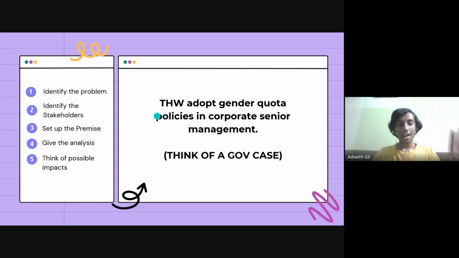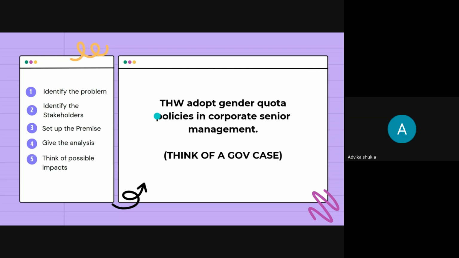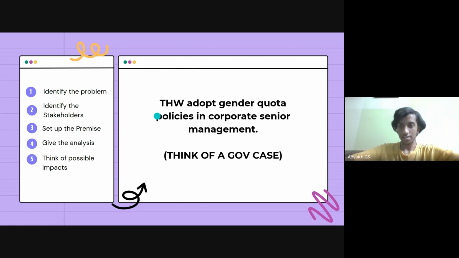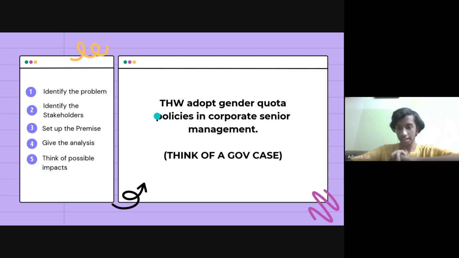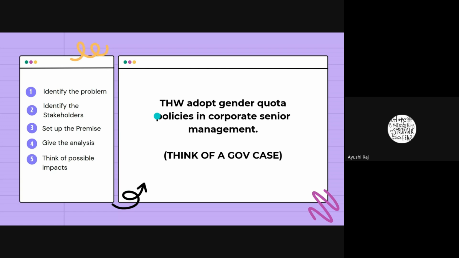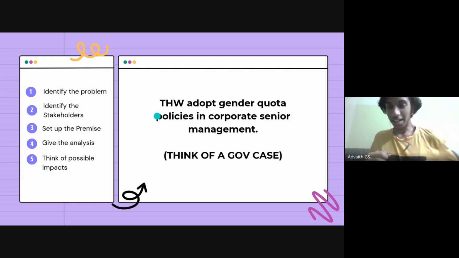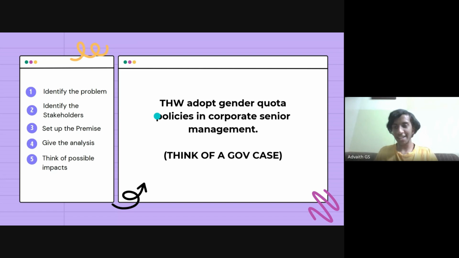All right, what is the problem that this motion is trying to solve? Any solutions? Raise of hands. All right, Ayushi, then Akshara. Gender inequality, because in India it's a big issue. Fair. I think we can summarize it as gender inequality.